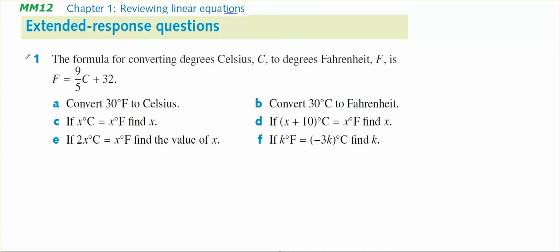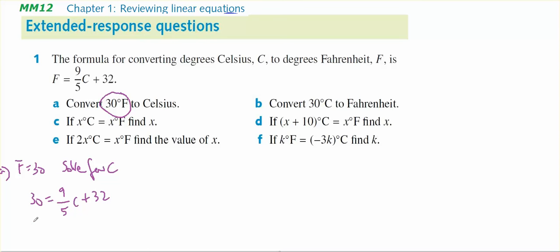F stands for the Fahrenheit temperature, C stands for the Celsius temperature. So in part A, converting 30 degrees Fahrenheit to Celsius, F equals 30 and I'm trying to solve for C. So 30 equals 9 on 5C plus 32.